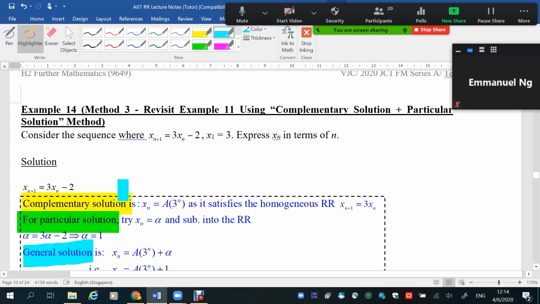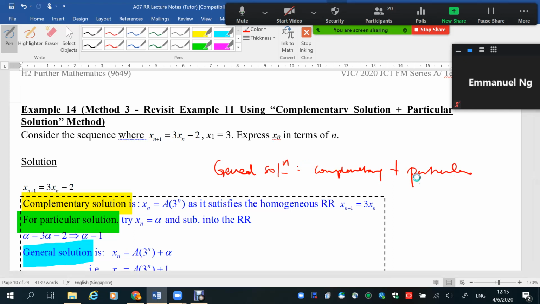Complementary solution means it's just a part of the solution, not the full solution yet. In general, this is not 100% true for all cases, but a general solution comprises a complementary solution plus a particular solution.